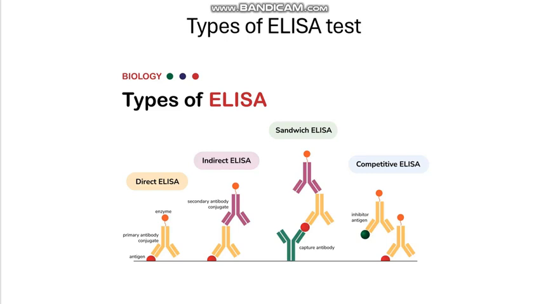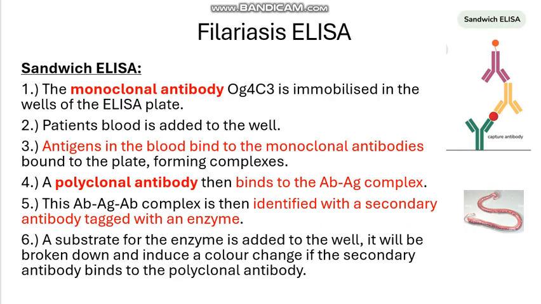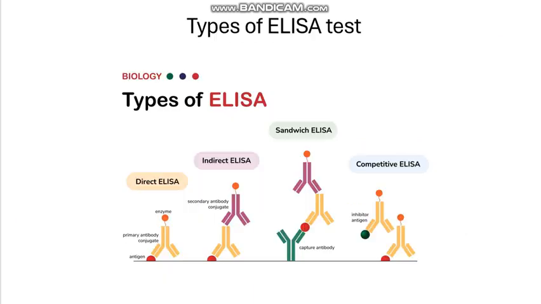There are 4 different kinds of ELISA test: the direct ELISA, the indirect ELISA, the sandwich ELISA, and the competitive ELISA. The most commonly used that I've seen is the sandwich ELISA, which we've talked about here for the diagnosis of filariasis.